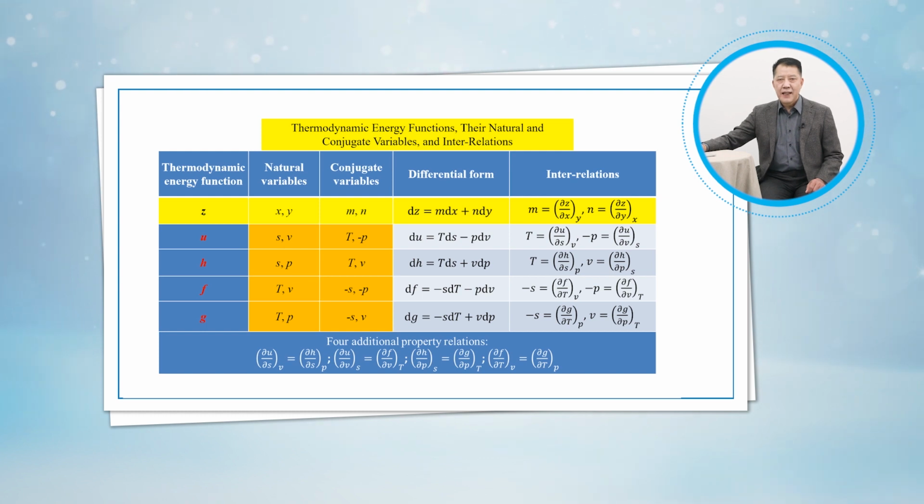The solution comes from Maxwell relations, which make use of this symmetry and the total differential properties of the thermodynamic function to derive relations among the natural and conjugate variables themselves.